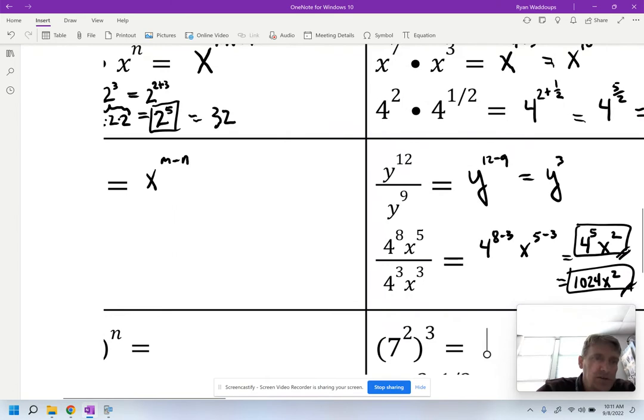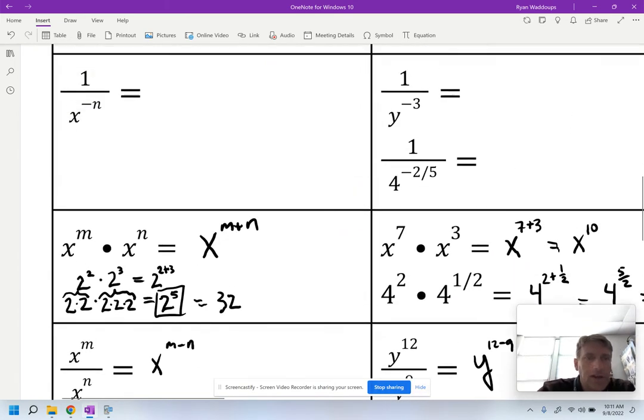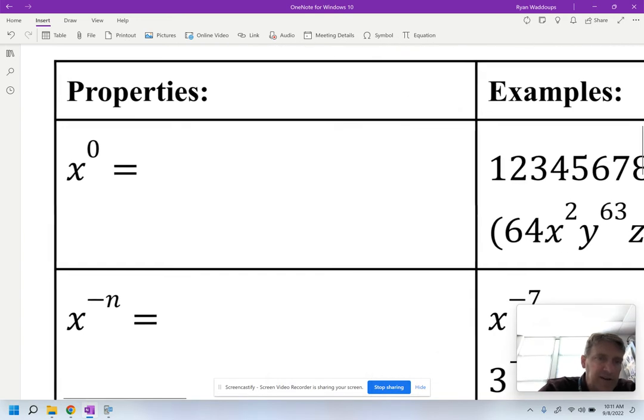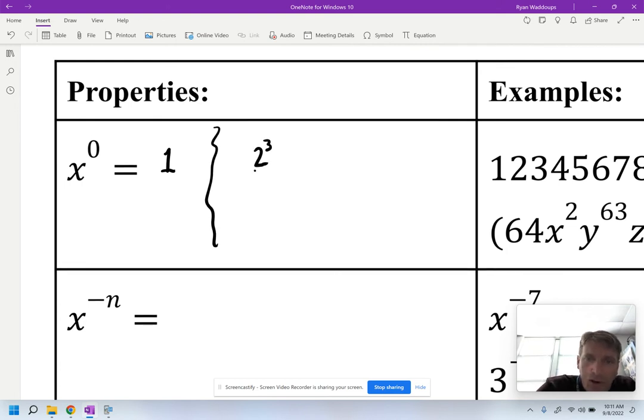So now we've looked at division, and we subtract the exponents, we can make more sense of the next couple of properties. x to the 0 is 1. Let's see why that is. If you had 2 to the third power over 2 to the third power, we know that when we divide like bases, we subtract the exponents. So that's 2 to the 3 minus 3, which is 2 to the 0.